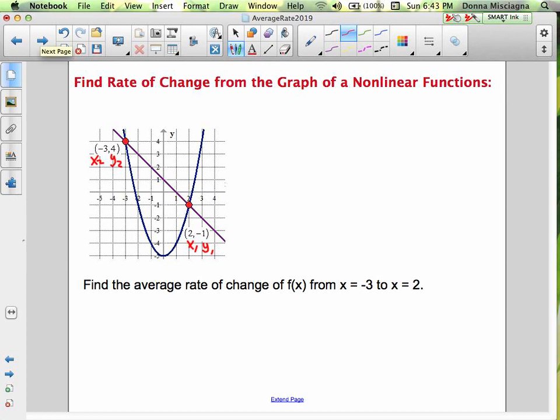But we're going to use the right terminology. If we're finding the average rate of change between those 2 points, we're finding the slope of the secant line between those 2 points. So average rate of change equals slope of the secant line between 2 points.